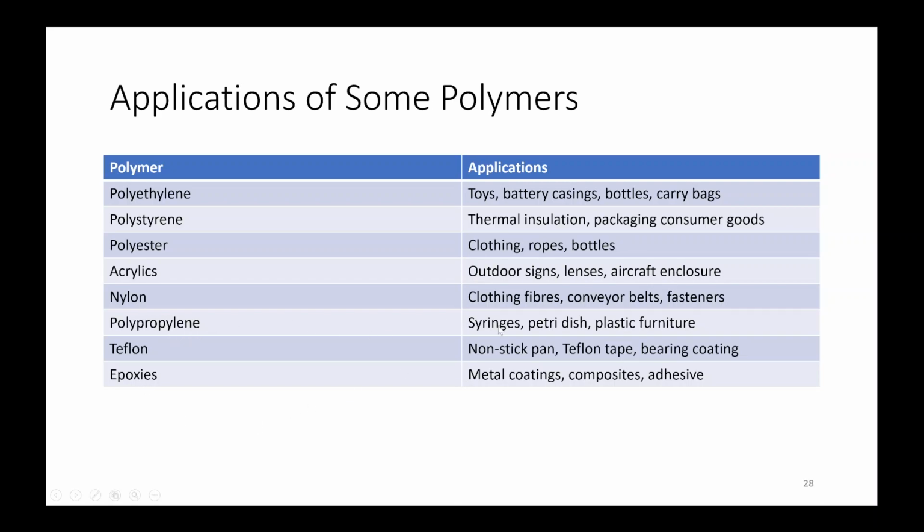Polypropylene is used in making syringes, petri dishes, plastic furniture, and Teflon is used in making the coating on non-stick pans, Teflon tape, bearing coatings, and epoxies are used in making metal coatings and composites, adhesives, etc.